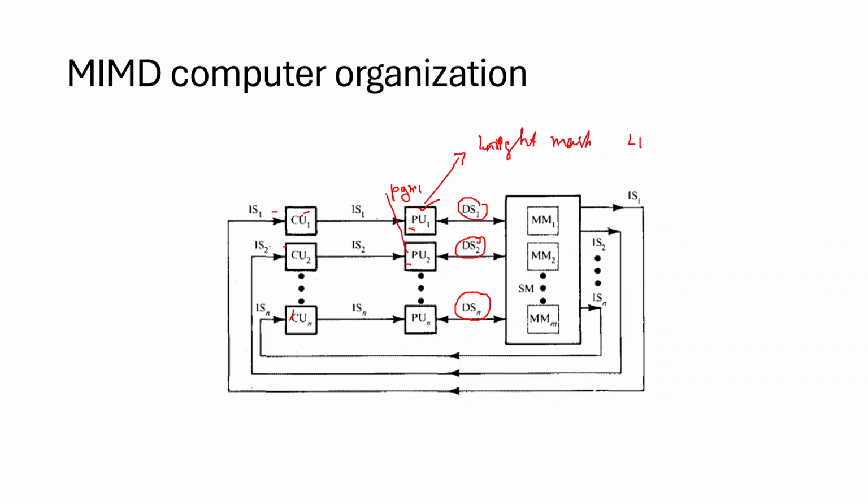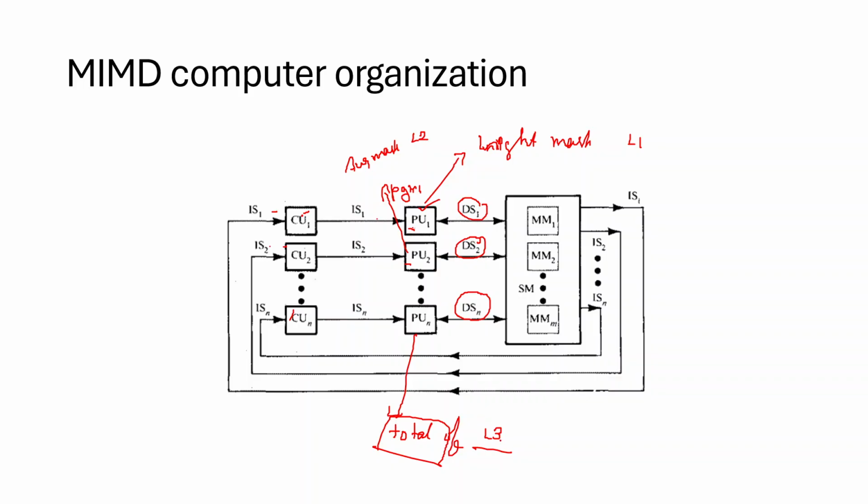This processing unit may be calculating the average mark of language 2. This processing unit may find the total of subject 3. So the program is different, that is, the instruction set is different, and the data set is also different.